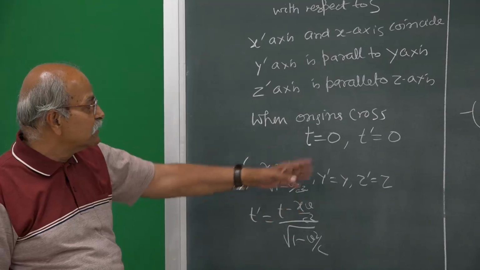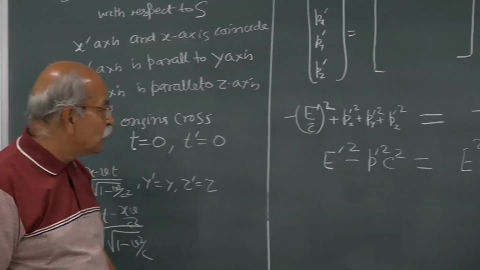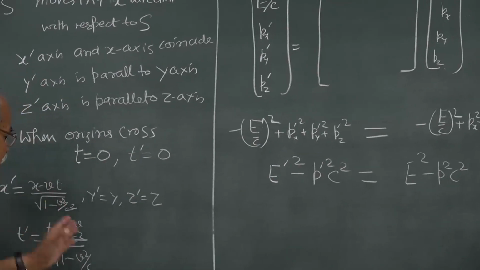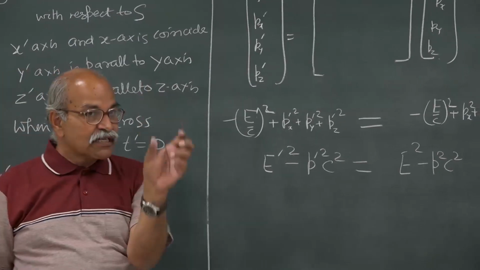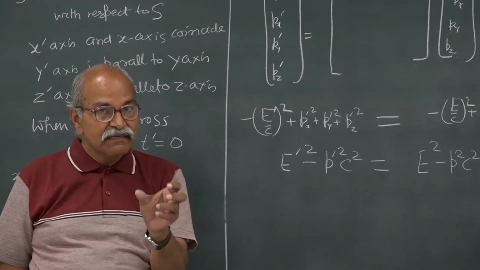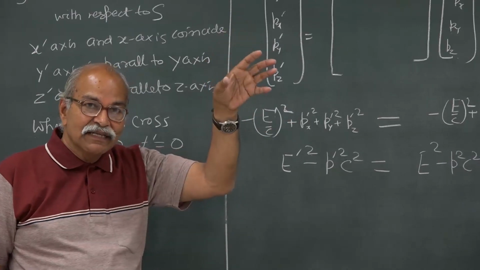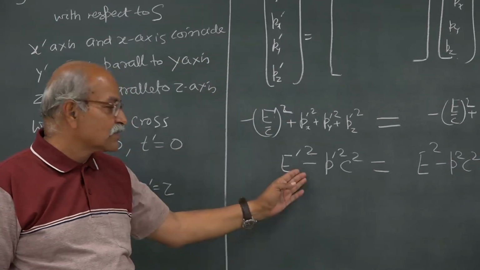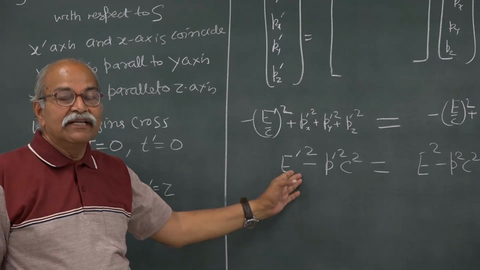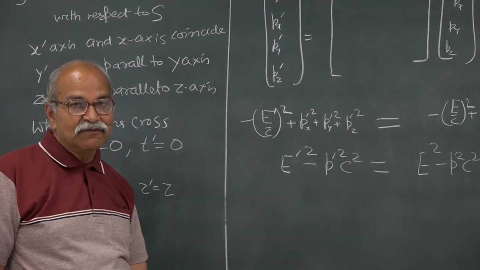I had shown a few minutes ago that if I use these Lorentz transformations and get the expression for Px, Py, Pz and E, the total energy, I can work out what this is, and it came out to be a constant independent of the frame.